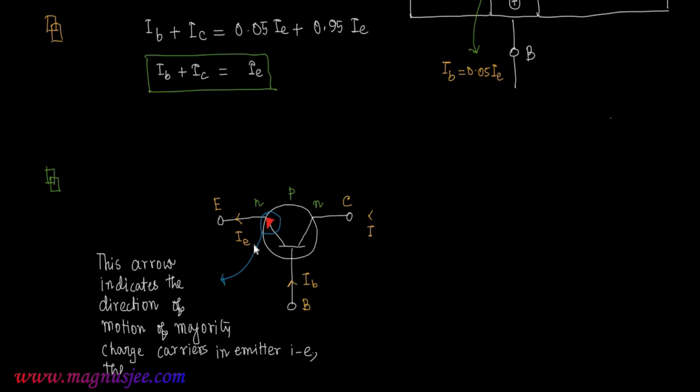That is the direction of emitter current. This arrow is denoted in the emitter. This is all about the NPN transistor. Now we can explain the same working for the PNP transistor.